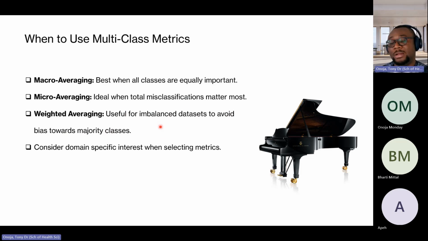Like I said to you guys, you have to be careful of the majority classes dominating the minority classes, because most of the time the majority classes may be the negative classes that you are not really interested in. The example we talked about the other day on fraud detection, when you looked at that dataset, you will see that it is highly imbalanced.